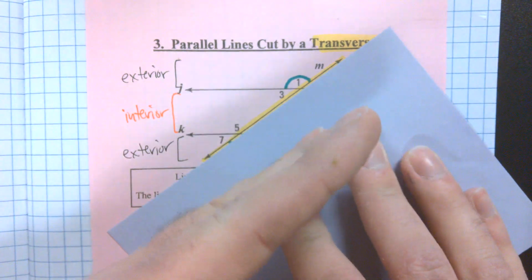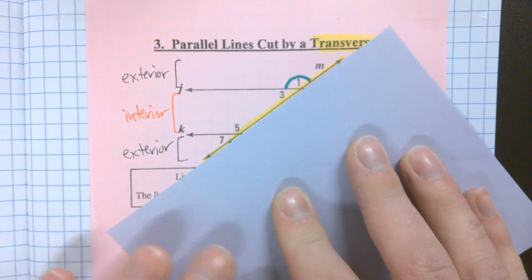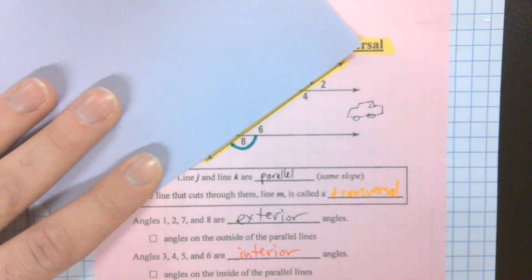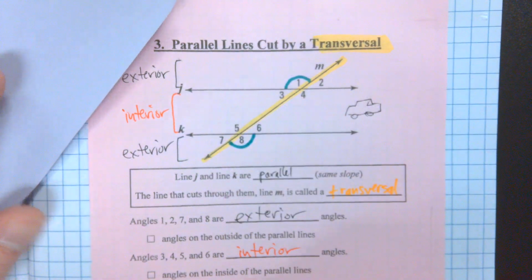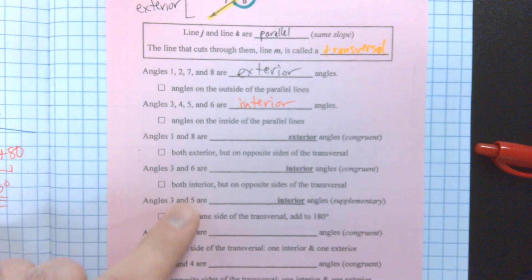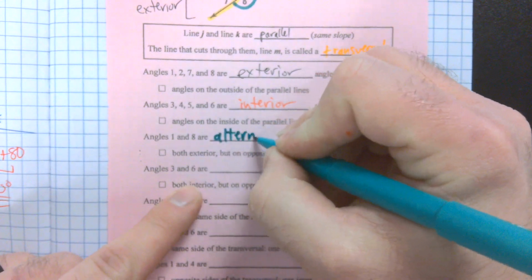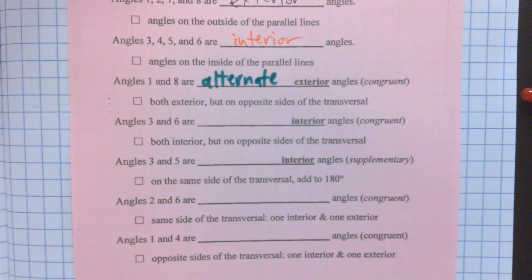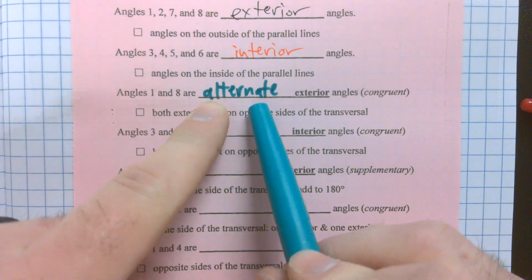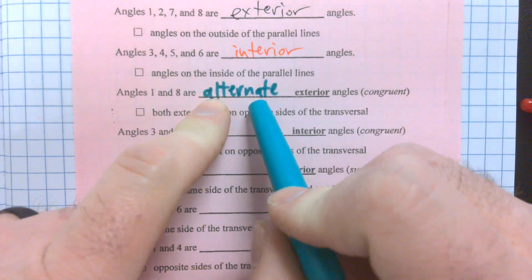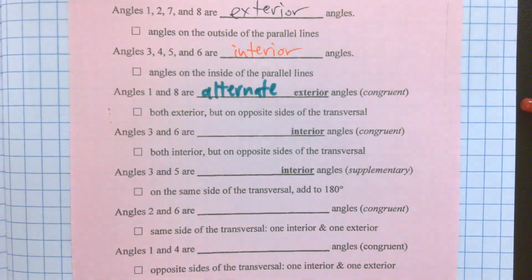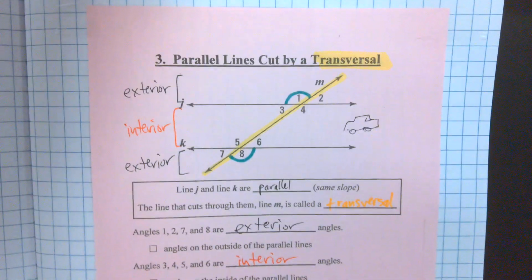Angle 1 is on the left of my transversal. Angle 8 is on the right of my transversal. One is above, one is below. They're both on the exterior, so we call them alternate exterior angles. They're on alternate sides of the crosswalk, but they're both on the exterior of our traffic lane. Alternate exterior angles.